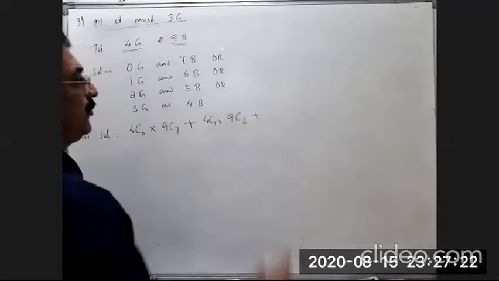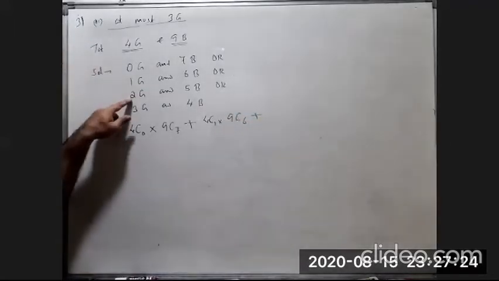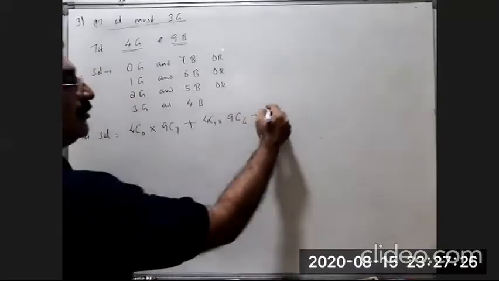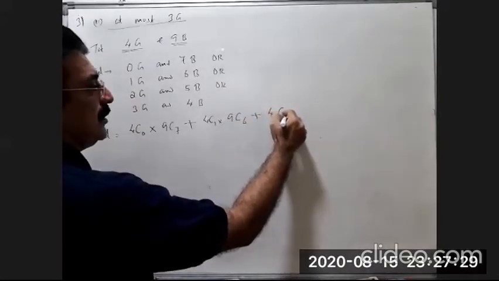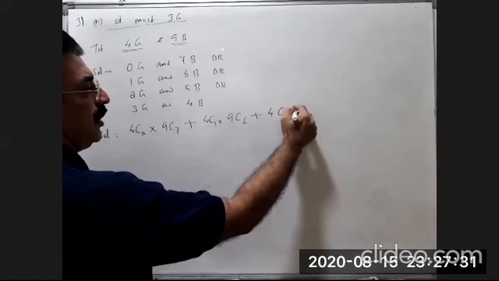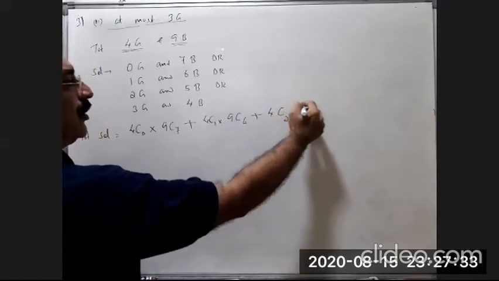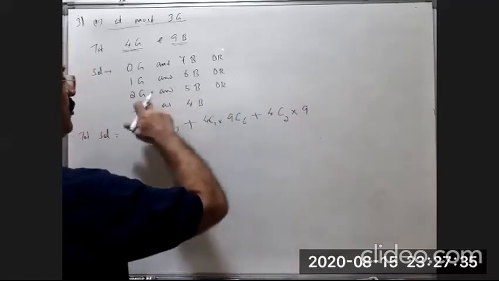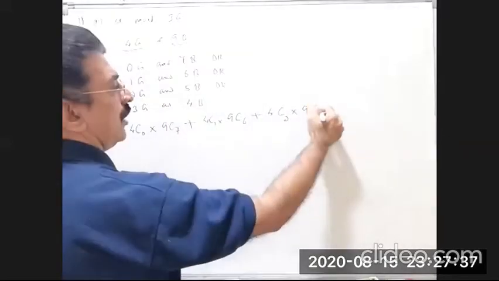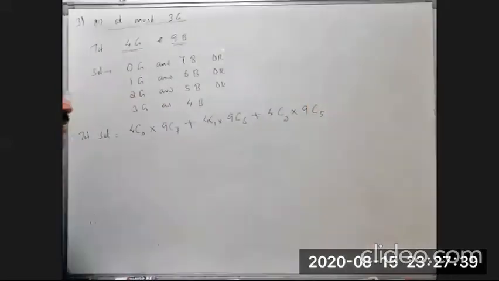Or plus 2 girls from 4 girls, 4C2, and from 9 boys, 5 boys can be selected in 9C5 ways.